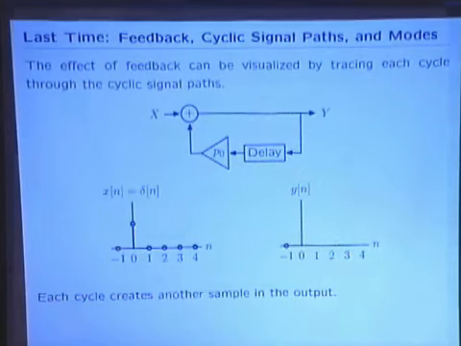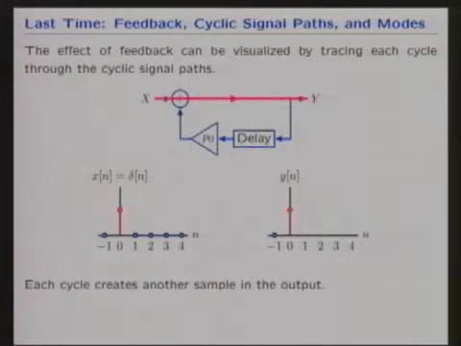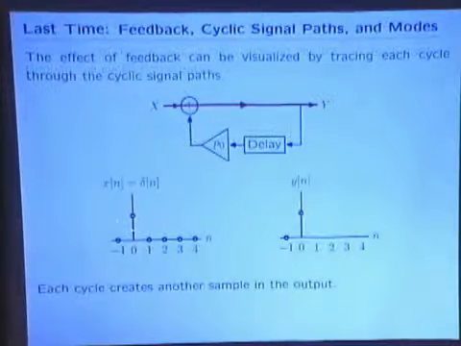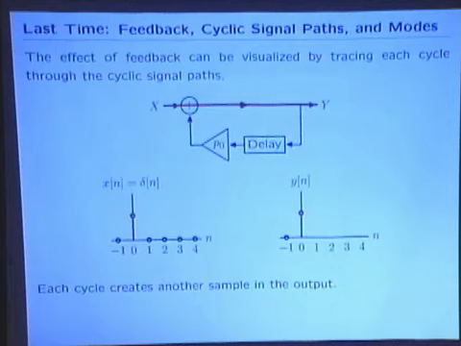And we took a look at how to think about that in terms of the block diagrams. You can see that if you had even a signal that only lasts for one sample, a system that has this property of feedback could generate a response that lasts for a very long time. In fact, the response at time 0 can only happen through the straight-through path. The only way you could get an output at time 0, given that the input is non-zero only at 0, is through the straight-through path.